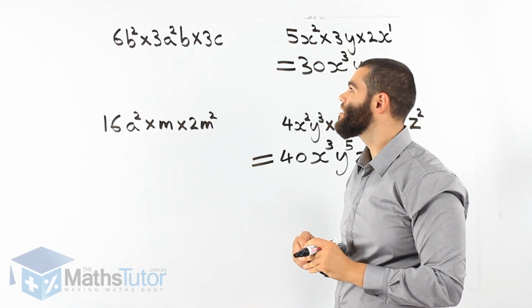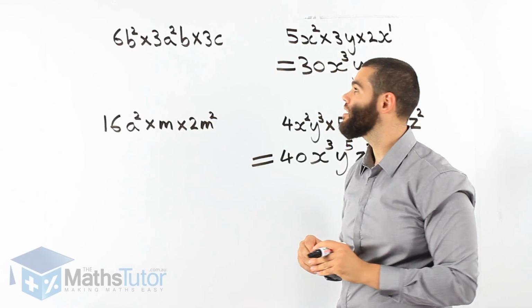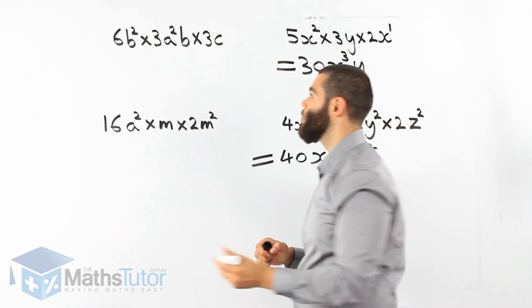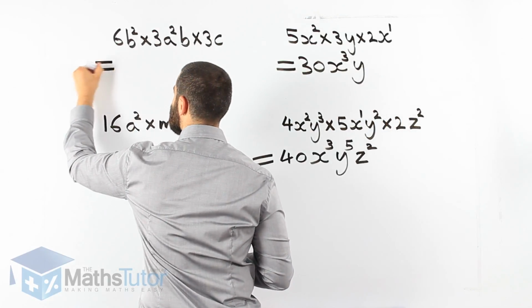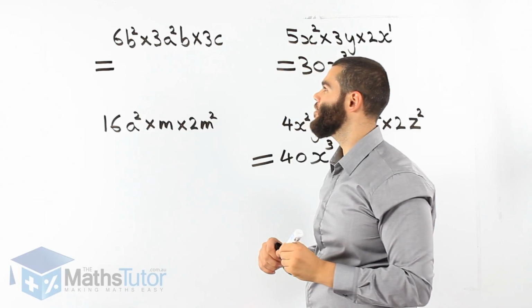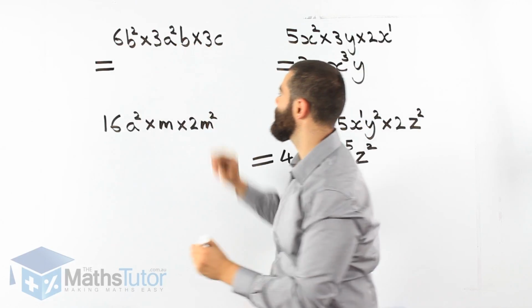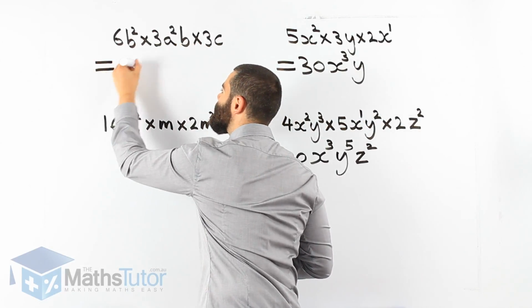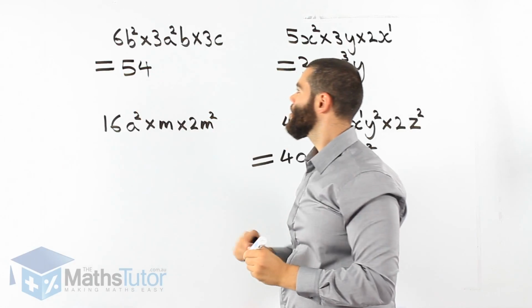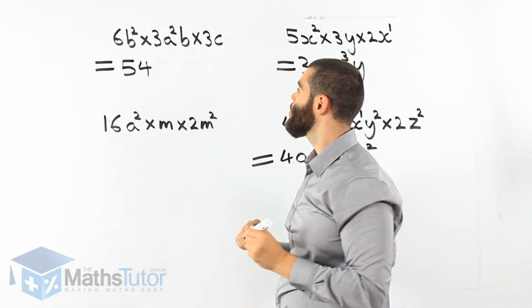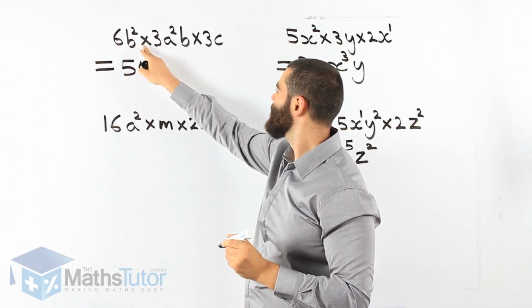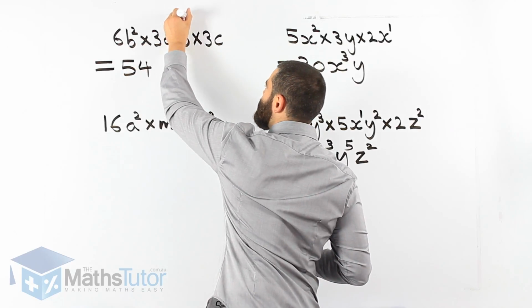6b squared times 3a squared b times 3c. We work them out. We write down our numerals first. 6 times 3 times 3, 54. And then we work with our pronumerals. B squared times, there's another b here. We know there's an invisible 1.